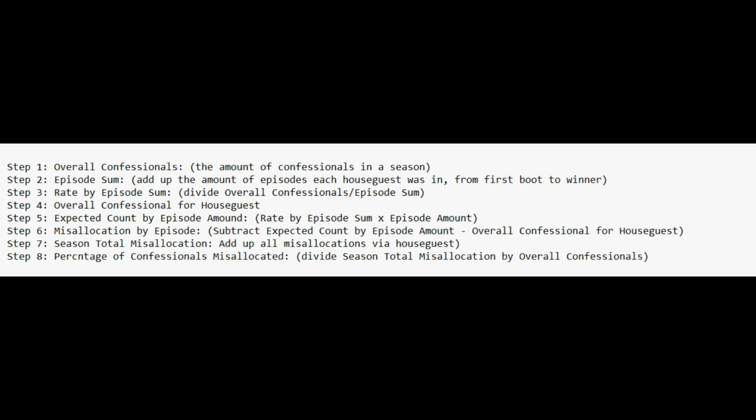So we're going to divide the total misallocation amount for the season by the amount of diary rooms, and we will have the percentage of confessionals misallocated. So that's the whole process. And if it's too confusing, look up the link that I will reference for a better explanation of this.